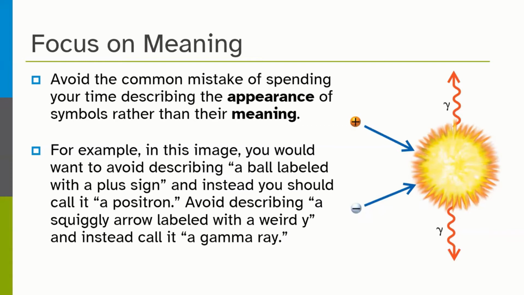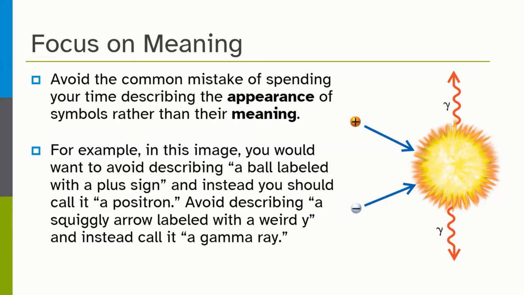So if there are symbols, and in this example, we have a physical reaction in my image, and whenever I use this as a training image when people first start writing alt text for me, I get a lot of information about the redness and the squiggliness of this arrow and the symbols and the circle with the plus sign and the circle with the minus sign.